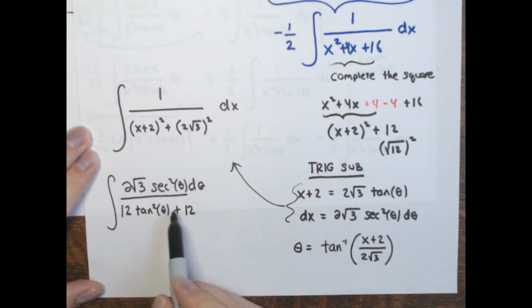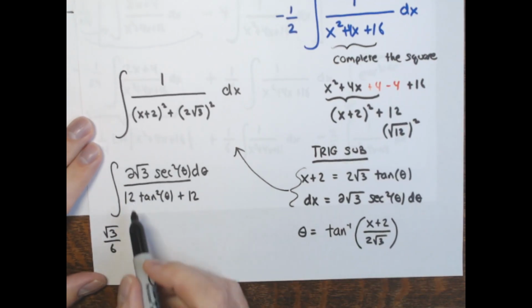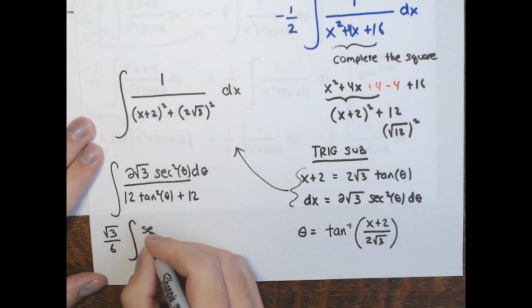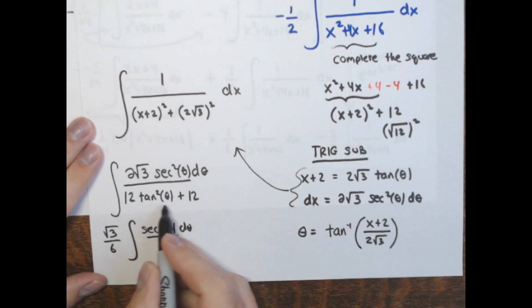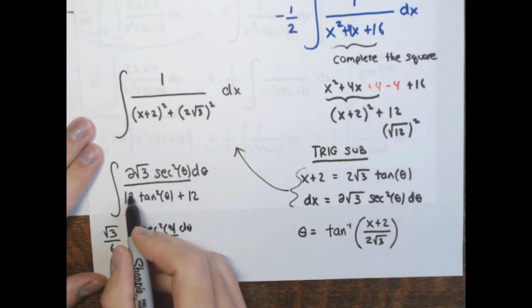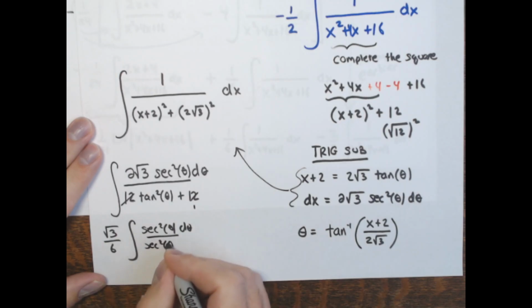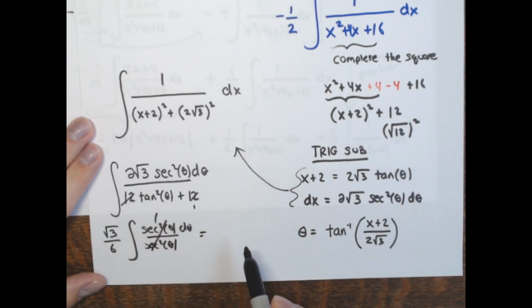And if you factor a 12 out, you'd have the square root of 3 over 6 pulled out. You have 2 root 3 over 12, that's square root of 3 over 6, times the integral of secant squared theta d theta over tangent squared plus 1. Right, if I pull the 12 out, that's tangent squared plus 1, which is secant squared again. That makes 1. And the integral of 1 d theta would just be theta.